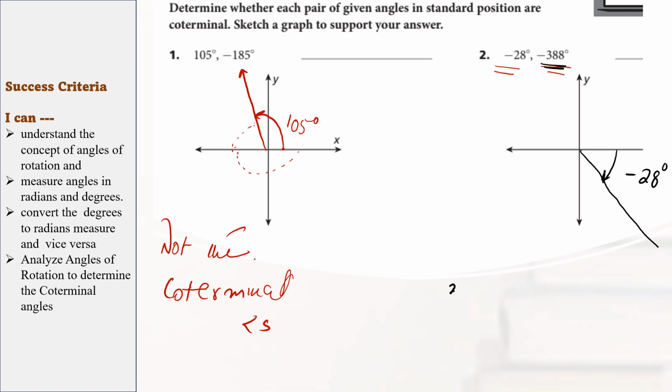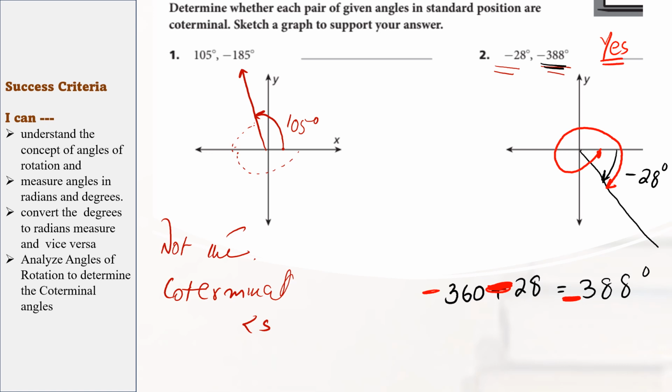In the 360, if I add 28 degrees, do I get 388 degree? Yes. In the same way, if I write here minus 360 and minus 28 degree, do I get minus 388 degree? Yes. So it means that I am only in the negative direction, covering one rotation and coming back to my initial position, which means that yes, they will make coterminal angles.